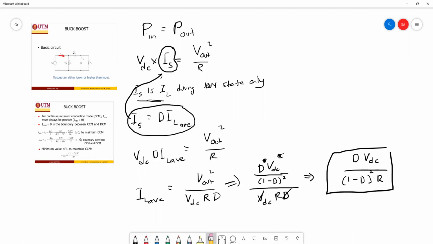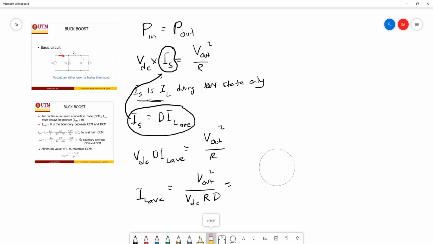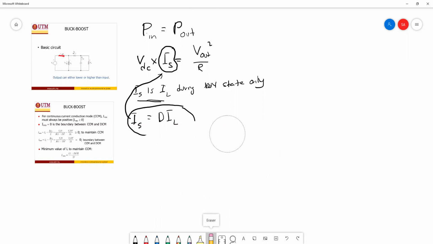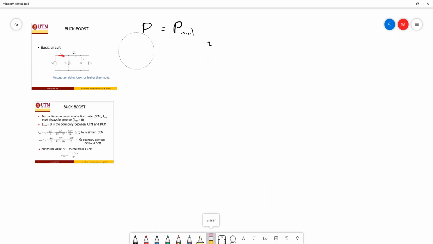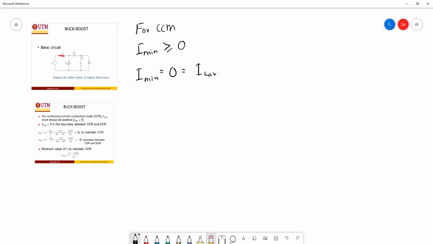The next analysis is on how to determine that your buck-boost converter always operates under CCM. For CCM, we always need I minimum to be at least equal to 0. So the minimum value is equal to 0. We insert the equation, which is IL average minus delta IL over 2.